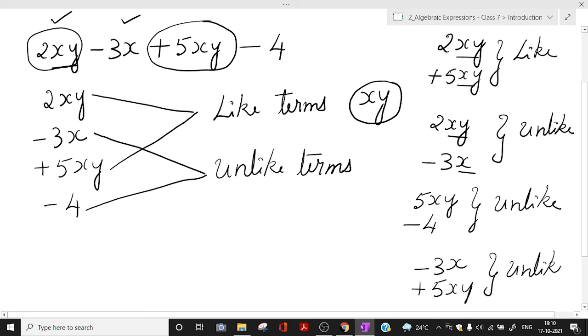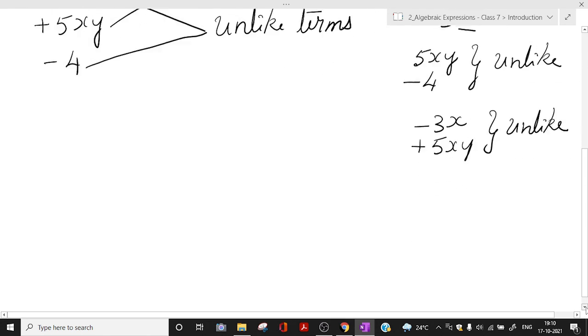That means this particular expression, 2xy minus 3x plus 5xy minus 4, has only one pair of like terms, that is 2xy and 5xy, whereas the other two turn out to be unlike terms. So that's how you differentiate between a like term and an unlike term.